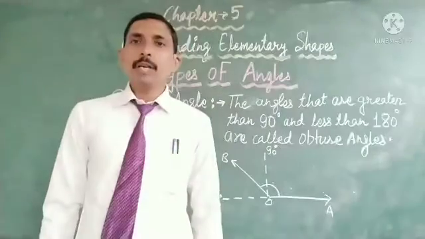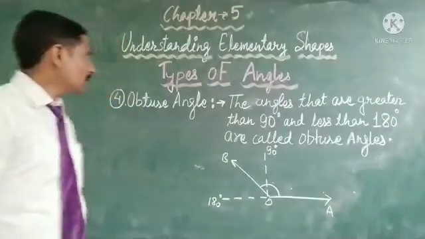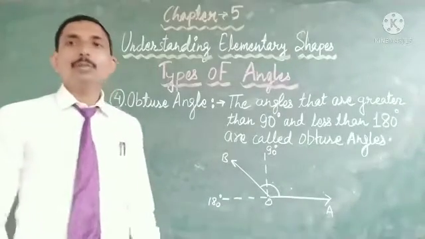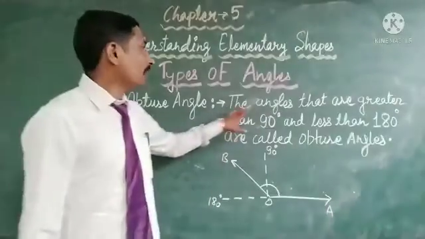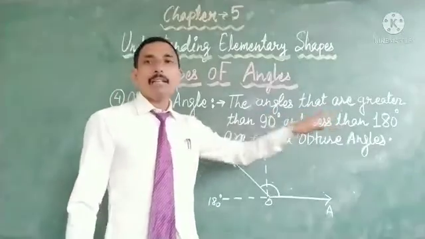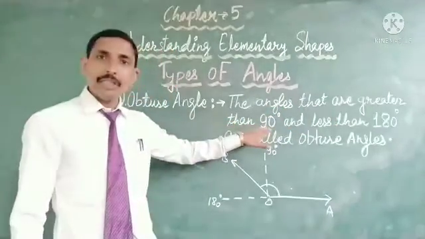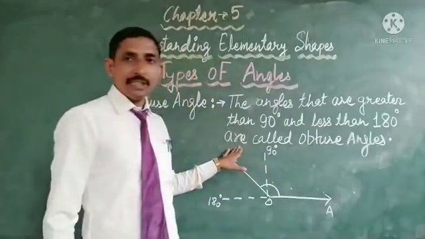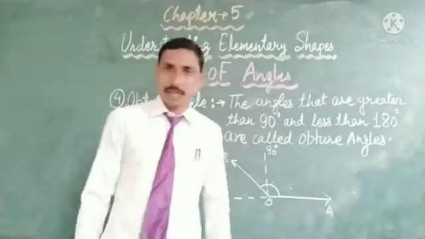Okay, my dear students, now our next type of angle is obtuse angle. So what do we mean by obtuse angle? The angles that are greater than 90 degree and less than 180 degree are called obtuse angle.